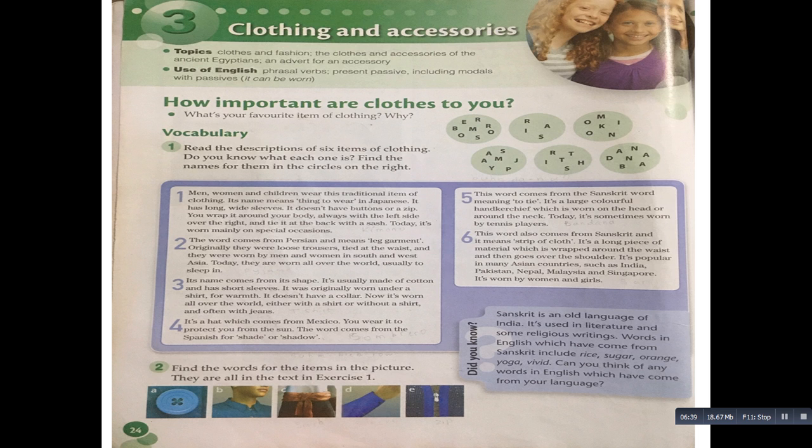So your task is to read the paragraph, find the answer, write the answer in front of the paragraph, and then find the matching circle. Find the circle which goes with the particular paragraph, right? You have 6 circles.